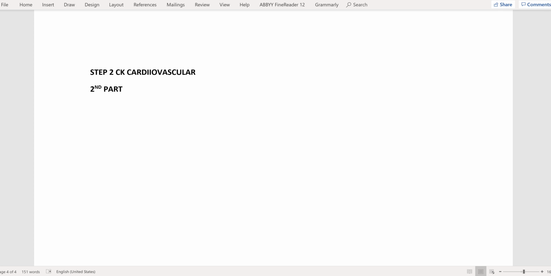Now, very nice question. If you are a 47-year-old Caucasian female with nocturnal substernal chest pain that wakes you up during sleep, and EKG shows transient ST elevation in leads I, aVL, V4 to V6 during the episode only, how can I treat you?